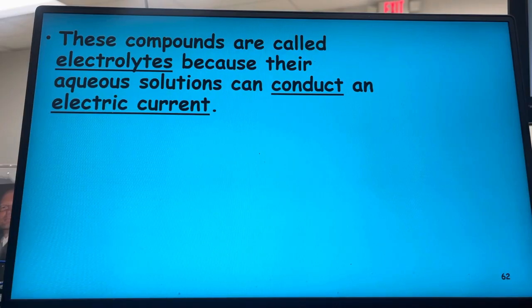You may have heard the term electrolyte when learning about, I don't know, Gatorade. Gatorade is considered an electrolytic drink because it has a whole bunch of dissociated ions floating around inside. They are meant to replace the salt that you lost, the ionic compounds that you lost from exercise through your skin. That's why when you get so sweaty that sweat drips into your eye, it stings your eye, just like the salt water at the beach would.